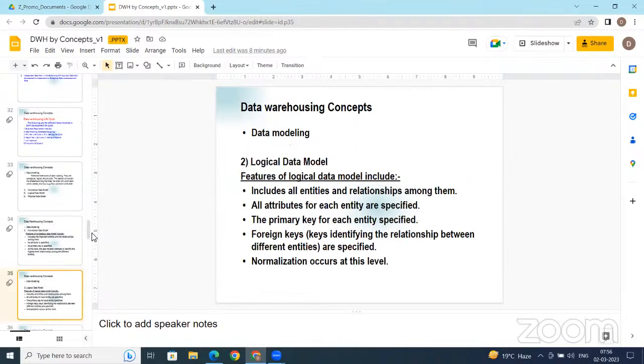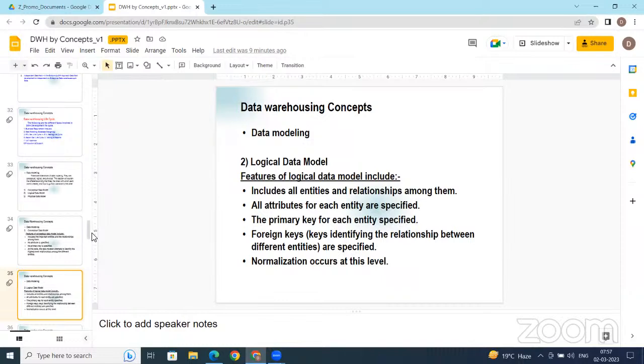The next data model is the logical data model. The logical data model includes all the entities and the relationships among them, and all the attributes for each entity are specified. So how many tables are required? What are those fields? Is there any primary key for the entity, and any foreign key, table to table?